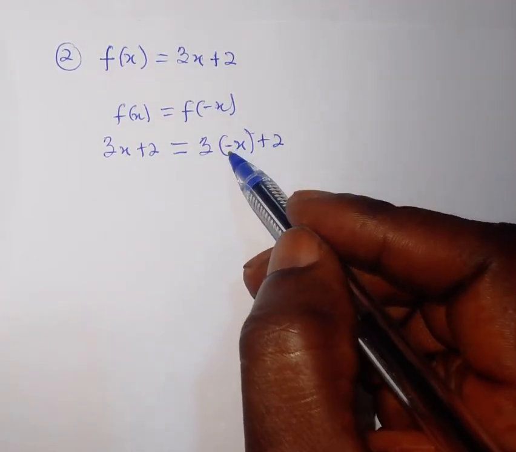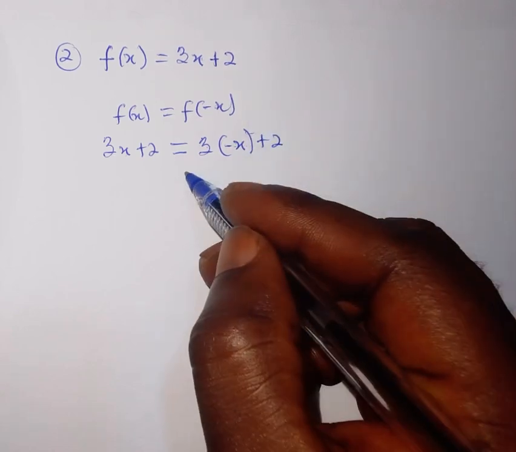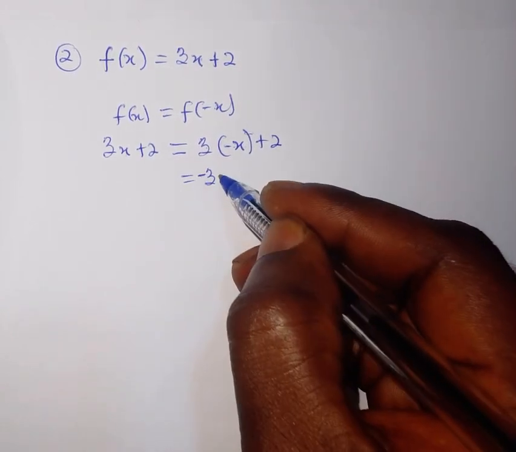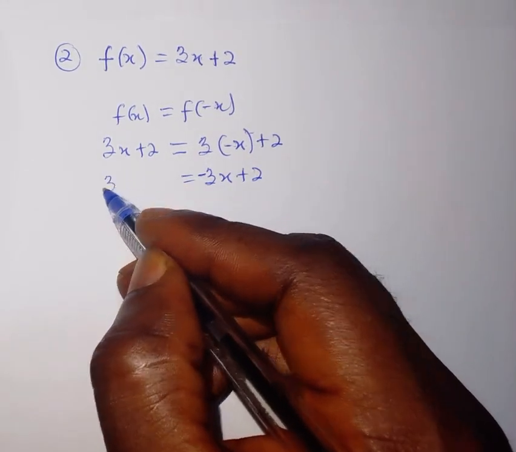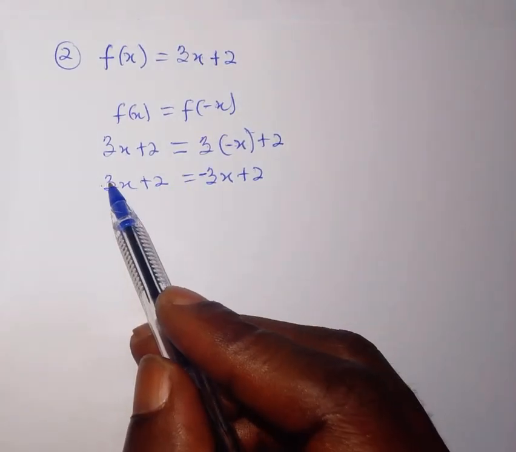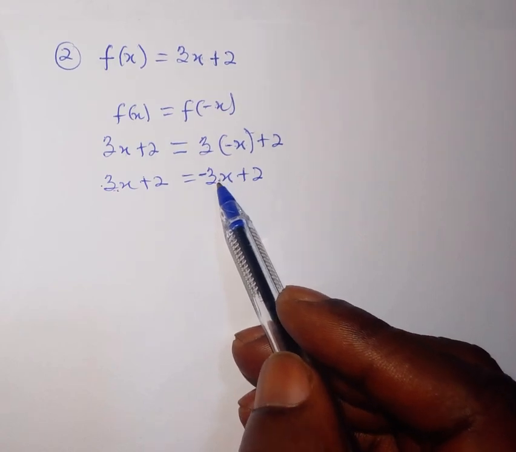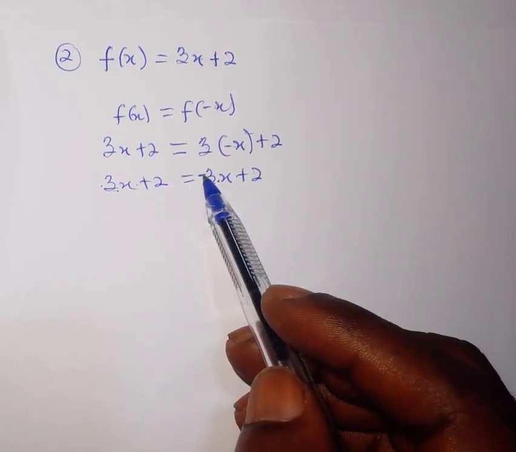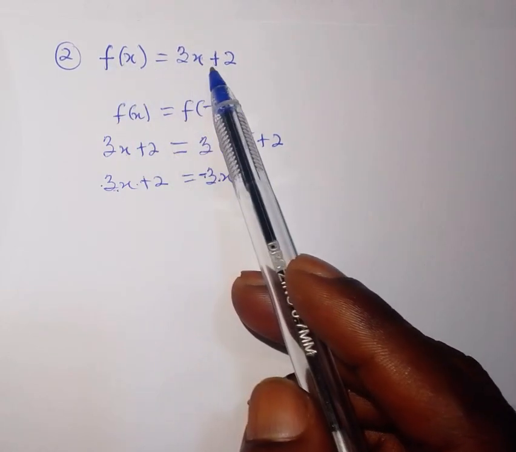Now we know that if this is negative, then when I multiply this by this, I'm going to get negative 3x plus 2. Now let's compare whether they are the same. Do you realize that the first one here is positive, but here is negative? That changes everything. It means that it is not the same. For that matter, we can say this function is what?